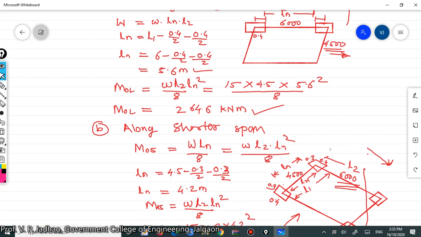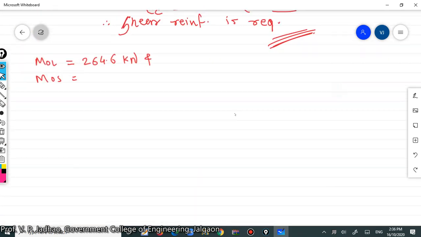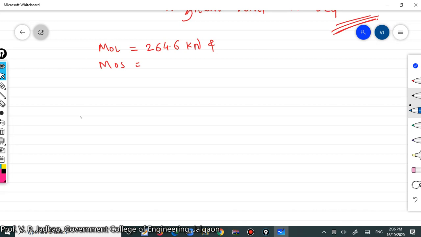So just write down this value here, that is the design moment along the shorter direction: MOS is equal to 198.45 kilonewton meter.